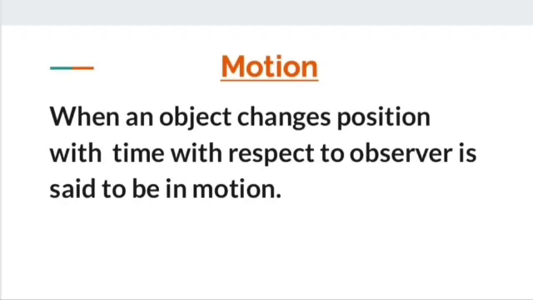So when an object changes position with time with respect to an observer, it is said to be in motion. Like if a car changes position with time with respect to an observer like you, then that car is said to be in motion.